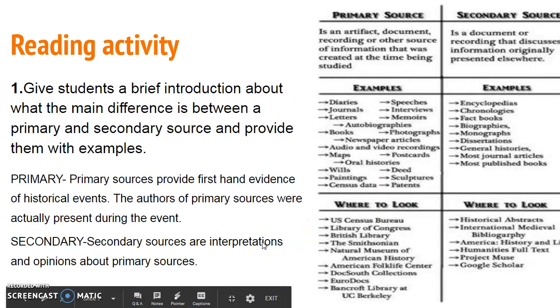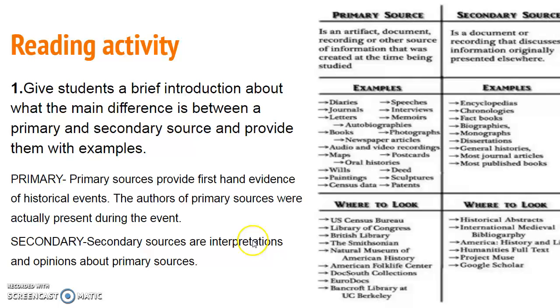For the reading activity, I would first give students a brief introduction about what the main difference is between a primary and secondary source and provide them with examples. Primary sources provide first-hand evidence of historical events.